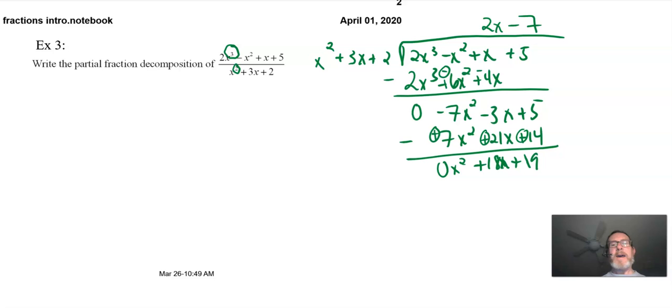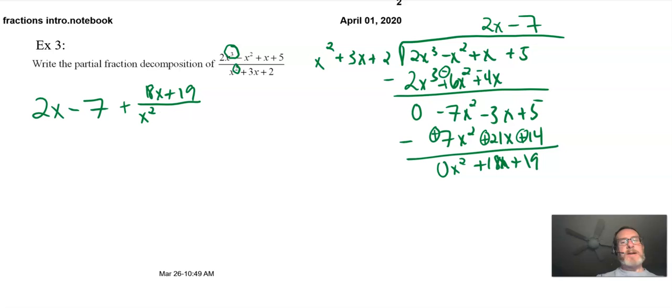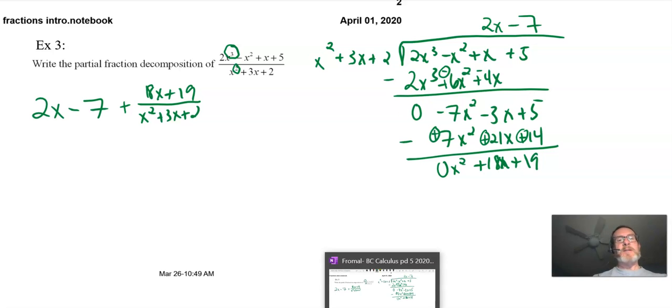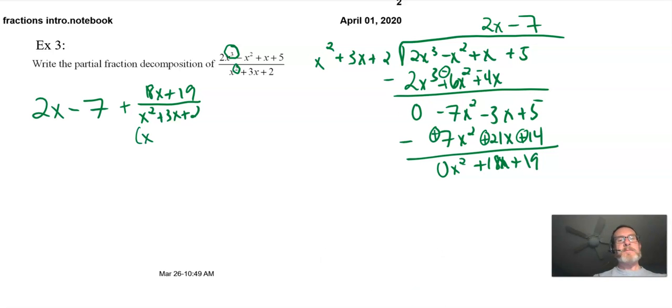So now I have my fraction written as 2x minus 7 plus 18x plus 19 over x squared plus 3x plus 2. But that's still not all the way simplified because we could still now factor the bottom and do the decomposition of that and break it into two separate fractions.